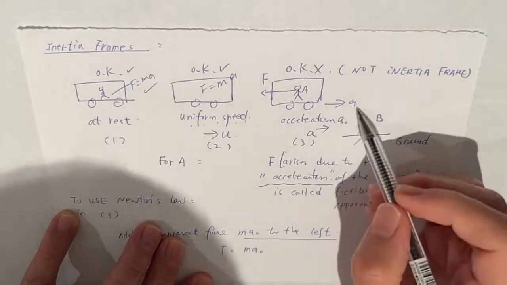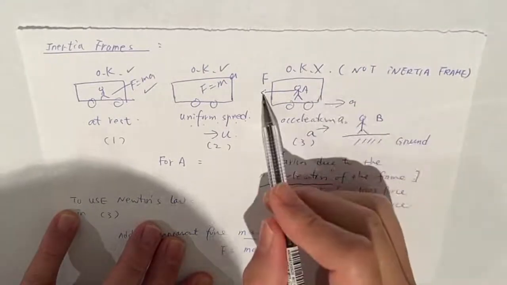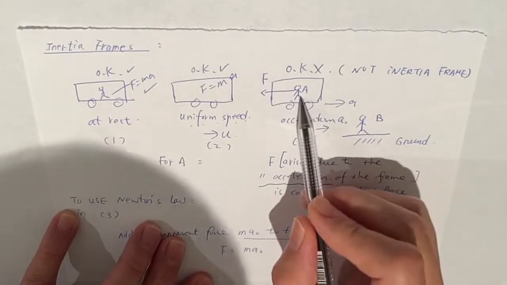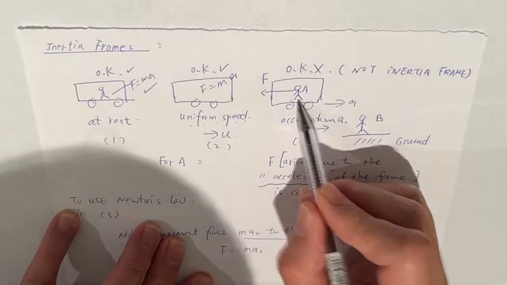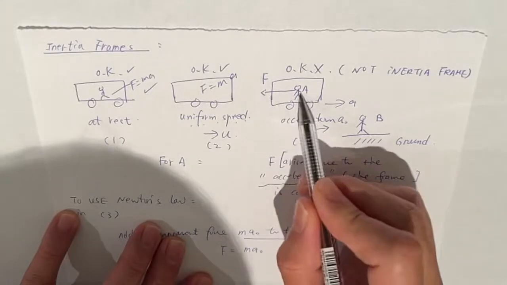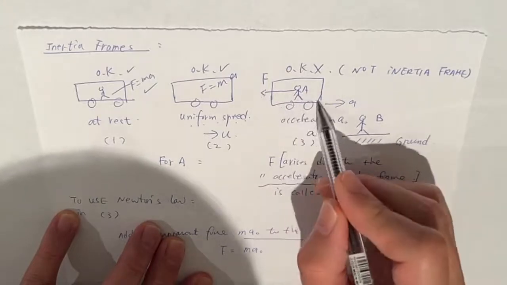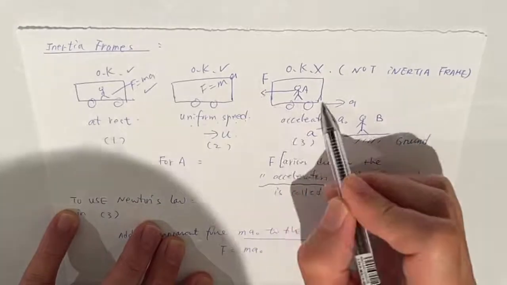Like when you take the MTR, when the MTR starts moving forward, you move backward, right? So according to the person in the train, you experience a force acting backwards, right? Due to what? Due to the change of the frame of the train.